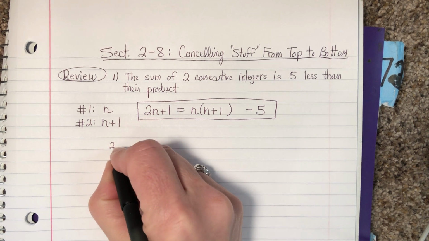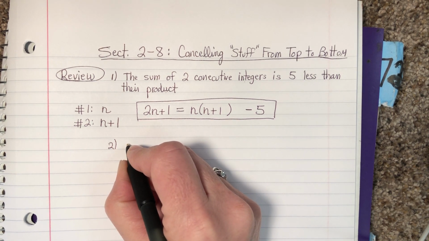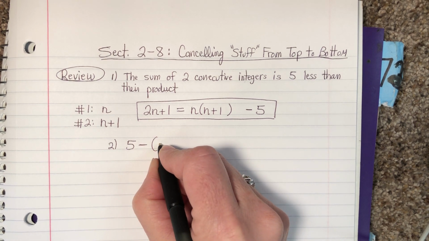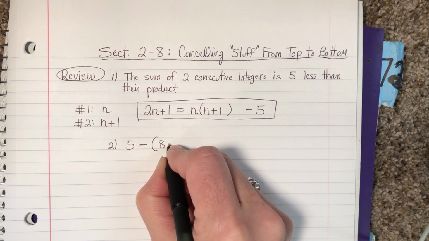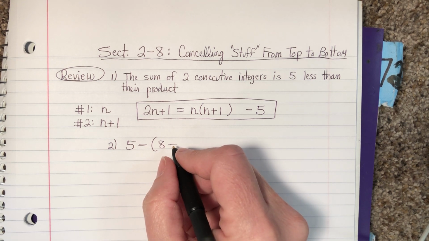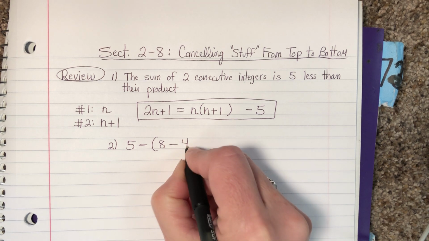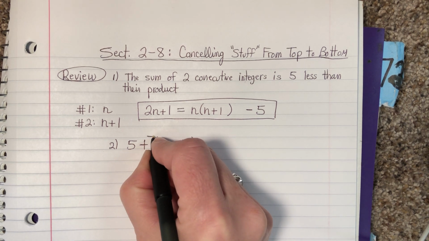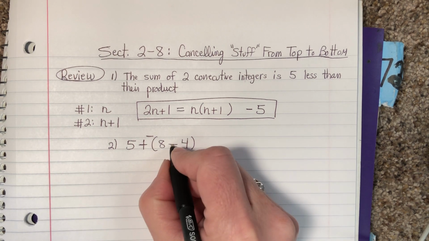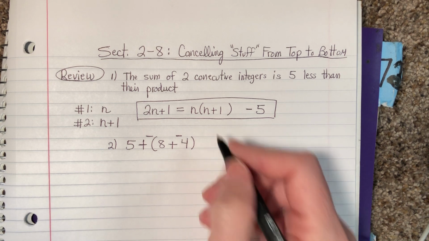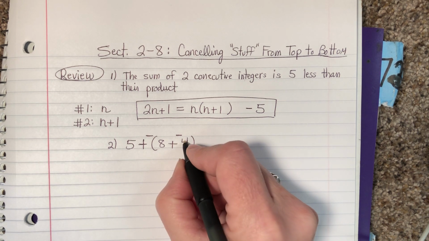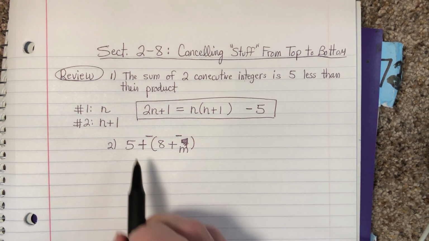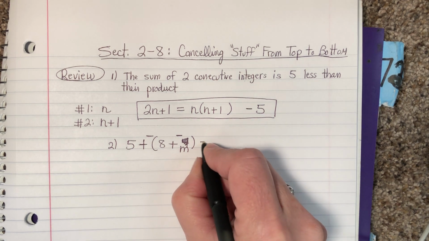Okay, the second review problem I want to do is 5 minus (8 minus m). Now you want to keep change in both places, plus negative. Notice I'm keeping that on the outside of the parenthesis. Oh shoot, I wanted to make this, instead of a 4, sorry, let's make that an m. I wanted to make that a variable. But you still want to keep change in both places.